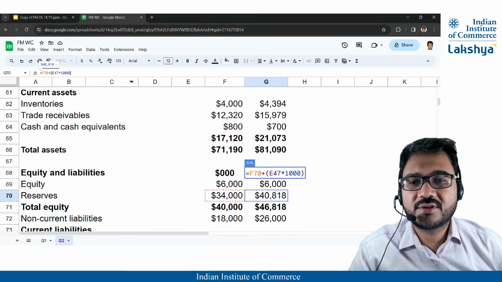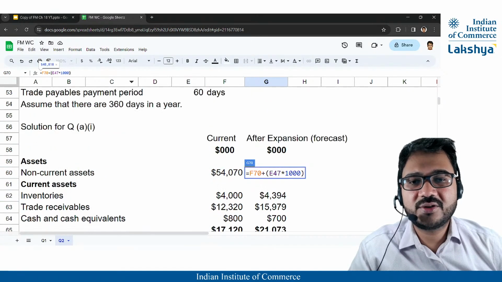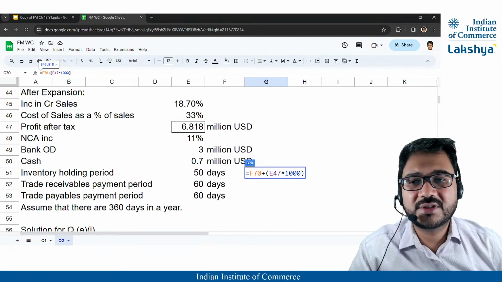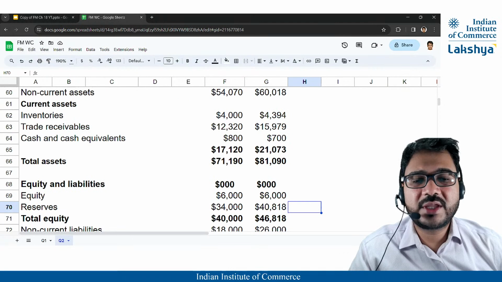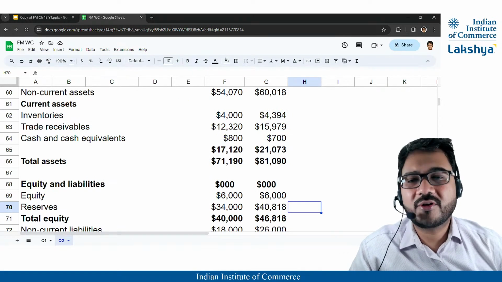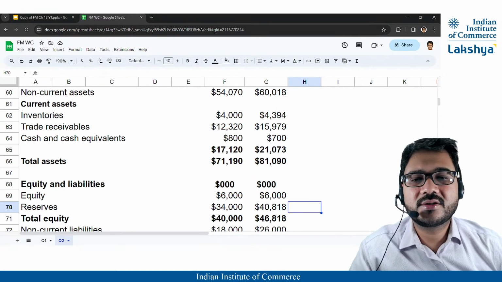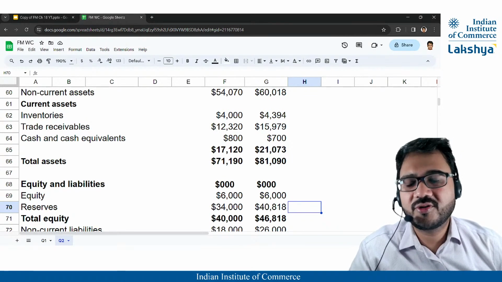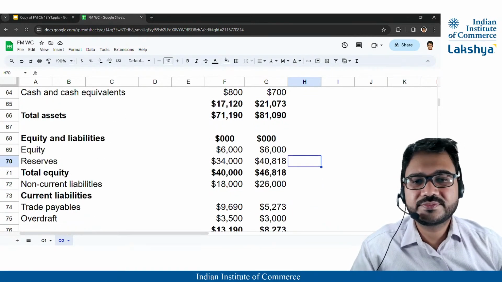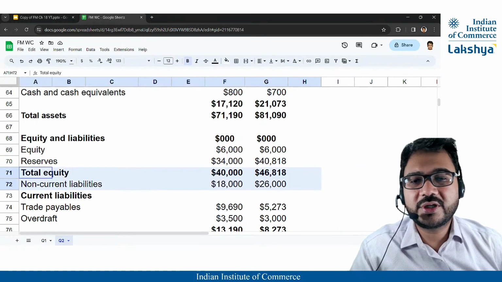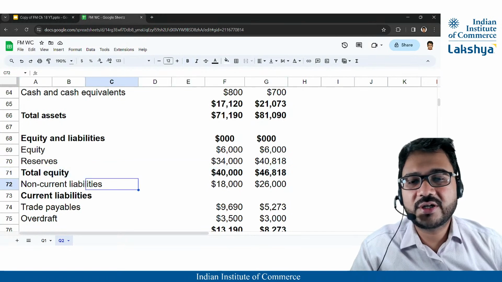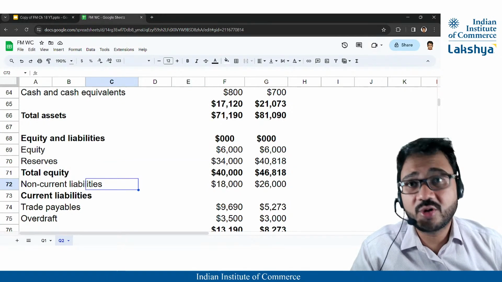So if you see the previous reserves, to that you will add the profits earned, profit after tax. You can write, we assume that all profits are transferred or are retained. Okay, no dividend is paid. You assume that. So total equity you get. Non-current liabilities, we checked that we are to take a loan of $8 million.